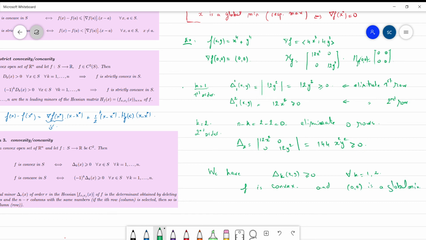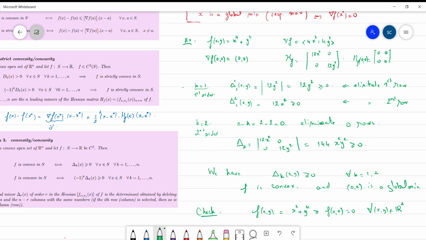And this one we can of course check manually. It's easy to see that f(x,y), which is x^4 plus y^4, is greater than f(0,0), which is 0, always, for any (x,y). So we are checking the definition.